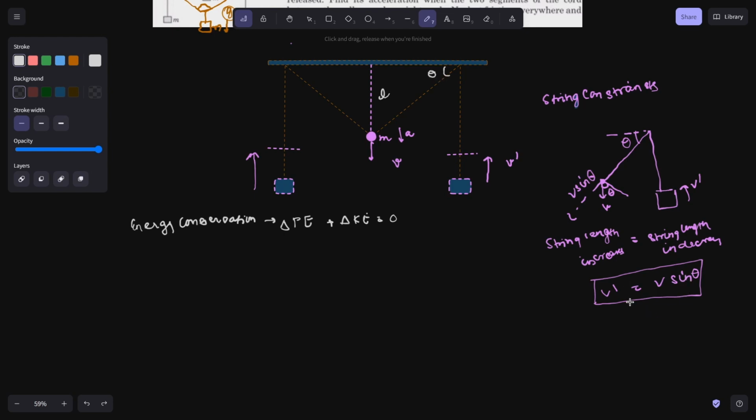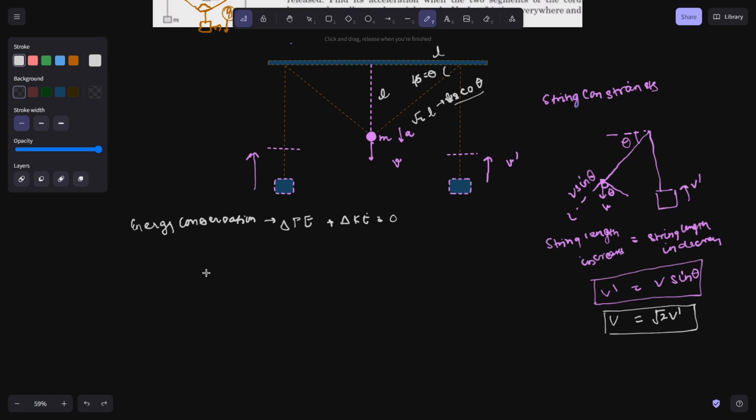For the maximum value of theta, theta would be 45-degree. Therefore v would be root 2 of v dash. This is the main equation you will get. So let us assume this theta as 45-degree. If this is L, this is L, this will be root 2 L, which is nothing but L sec theta.